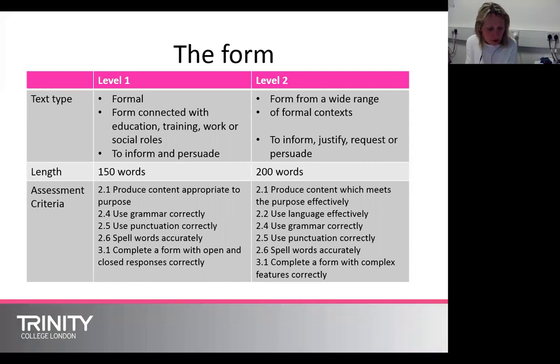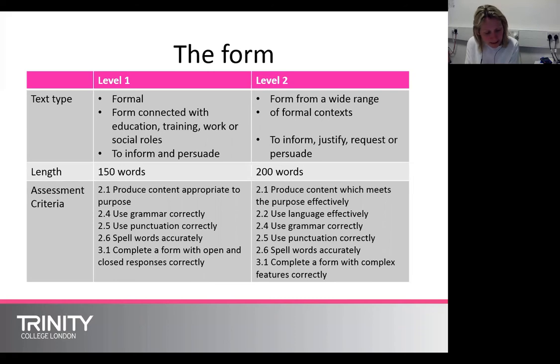2.1, there are 2 main parts of that assessment criterion. Use language effectively. This is a new criterion at level 2. It's not there at level 1. And this is about the register that is appropriate for the audience. So using the right style, the right register.